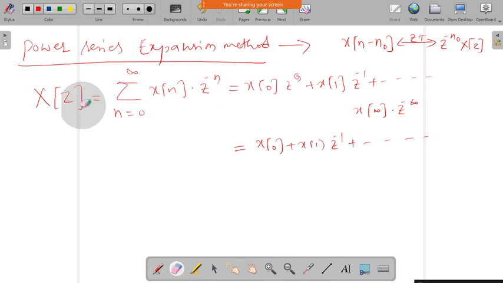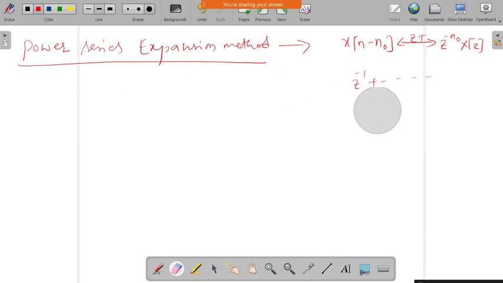Now x of Z will be given, we have to find out the inverse Z transform. So they will specifically ask, find the inverse Z transform using the power series expansion method, like that only they will ask. Then you have to use this method.